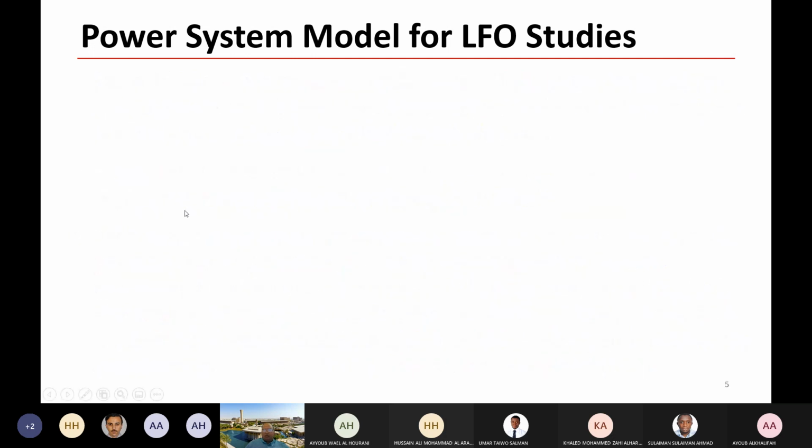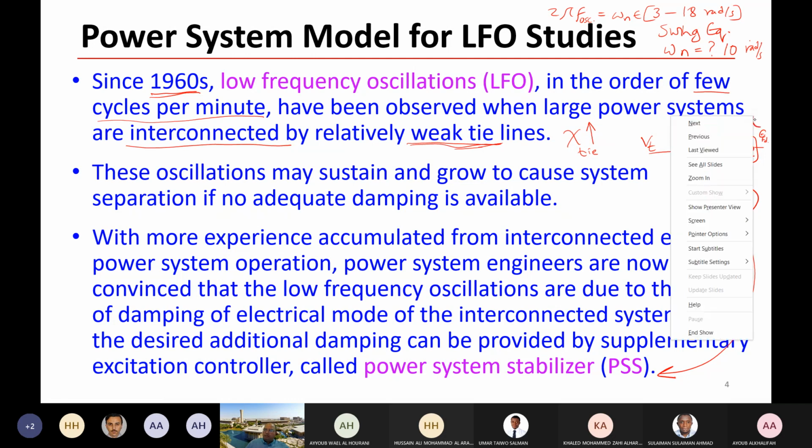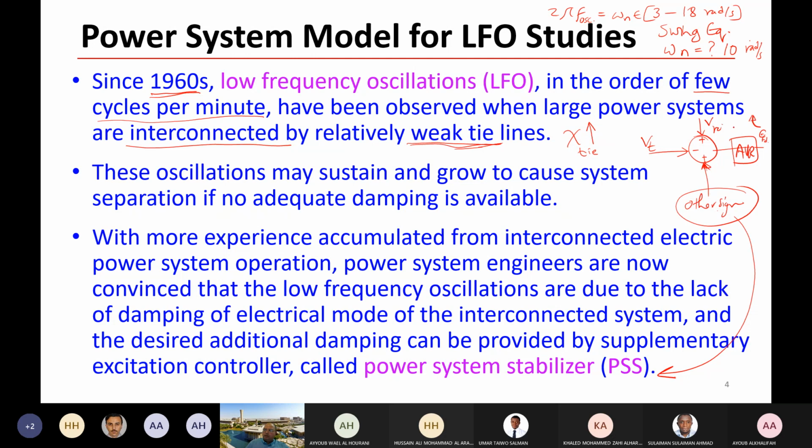Of course, if you have here a control signal, this will affect the EFD, and EFD, if you still remember, will affect what? If you still remember the machine model, this is the exciter model.